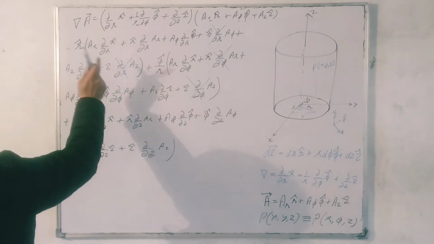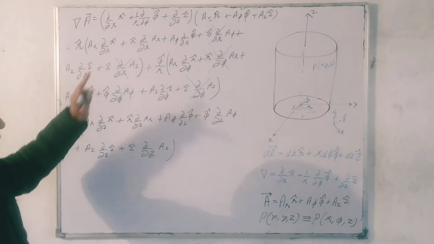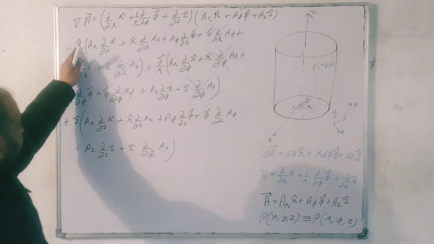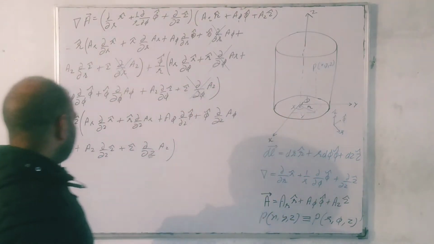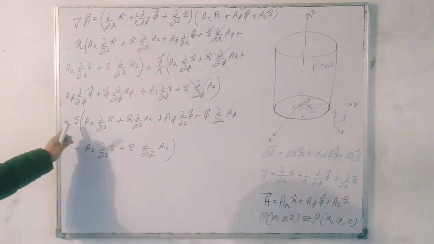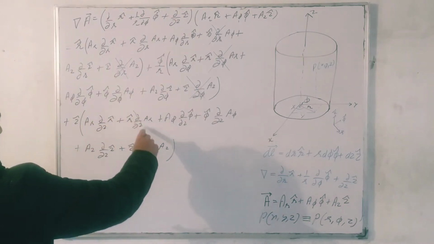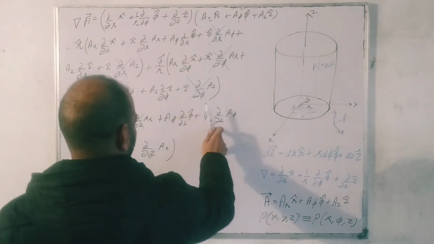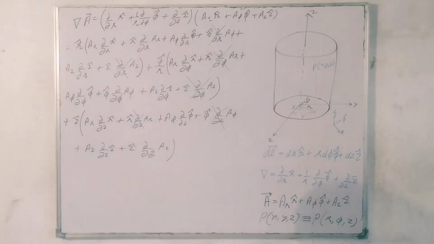So when R is operated on this particular term, this R dot Z is going to be 0. Why? R and Z are mutually perpendicular, that's why 0. And this Z and R, so Z and R are also going to be 0 because Z and R are perpendicular. Next, Z and phi are also mutually perpendicular.